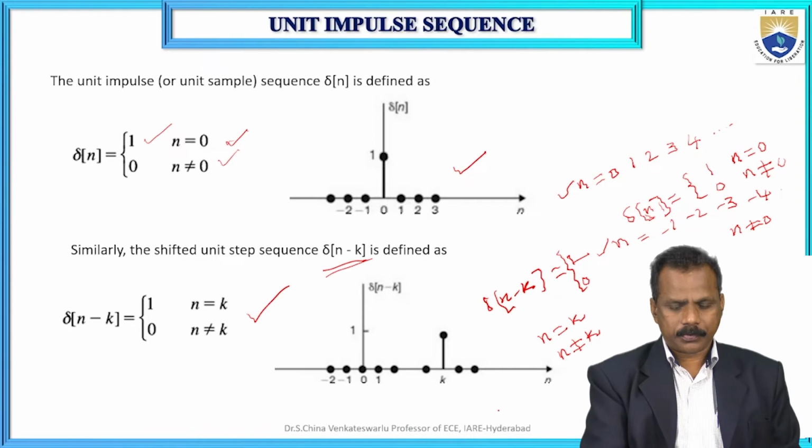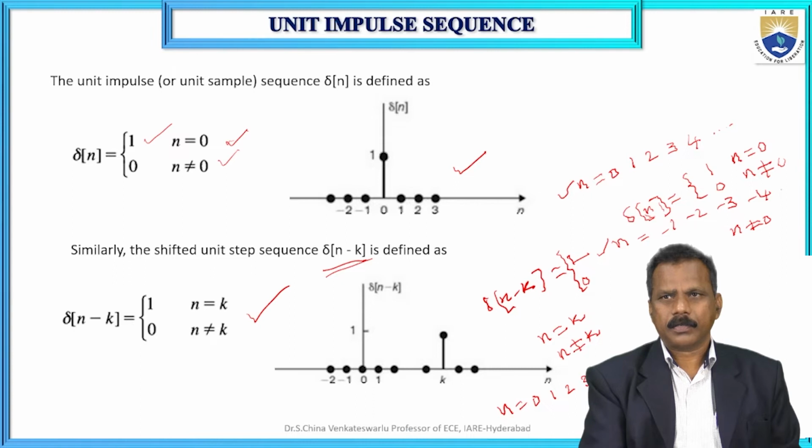Here also go on substituting the n values, where n is equal to 0, 1, 2, 3 and so on, for the case n equal to k. Similarly, n equal to minus 1, minus 2, minus 3, minus 4 and so on, for the case where n is not equal to k.